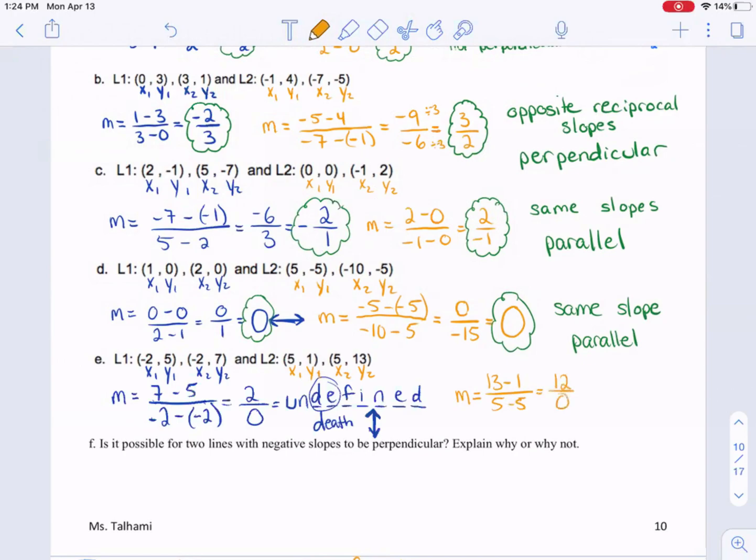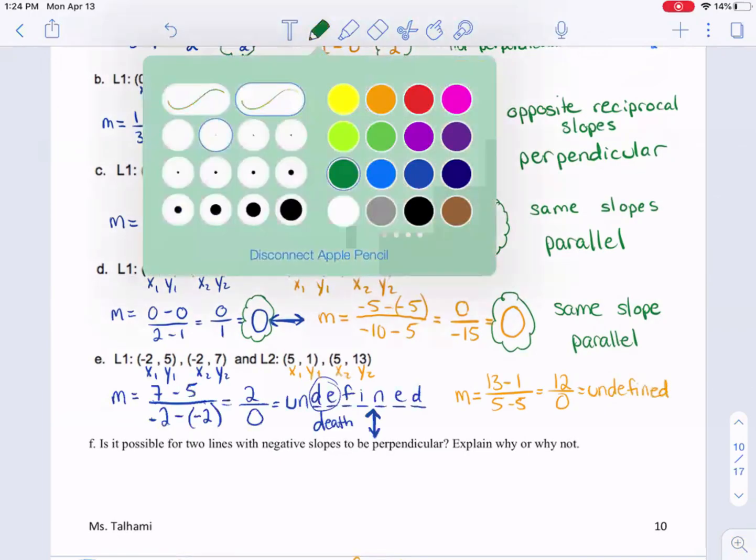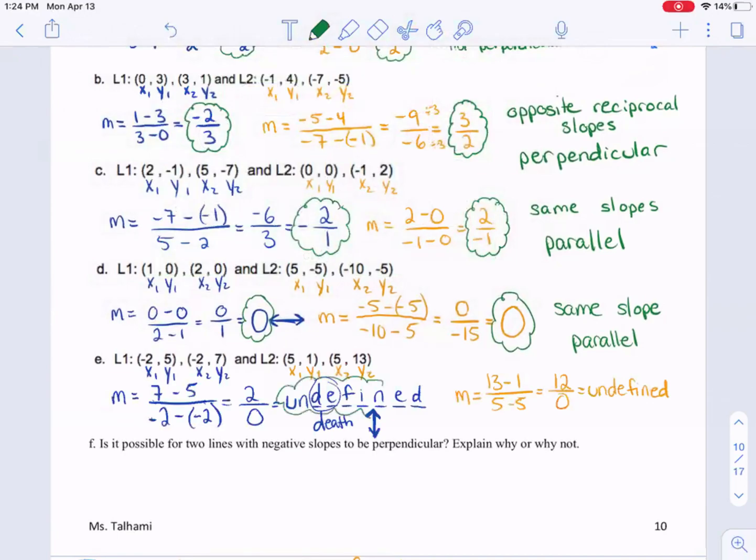Look at that, Miss Murphy. Another undefined slope. So what does that mean? If they're both undefined, does that mean they're both the same? Yeah, they're both vertical slopes.